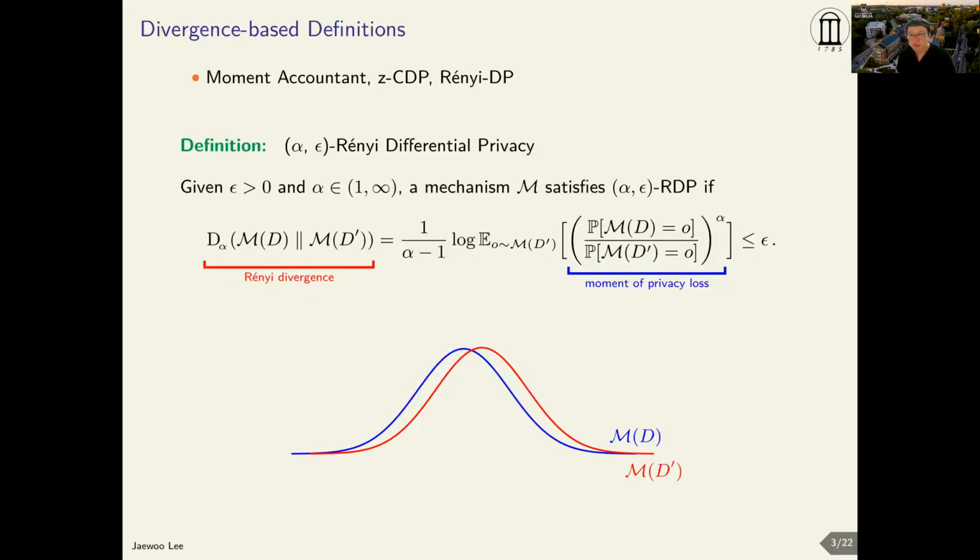This divergence-based definition of differential privacy ensures that the output distribution of our algorithm M over two neighboring data sets, D and D prime, are close to each other, and it measures the distance between these two distributions using the divergence measures. And this is expressed as the constraint of the moments of privacy loss random variable.